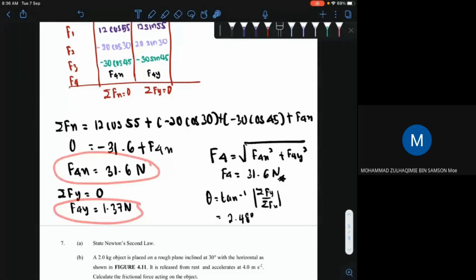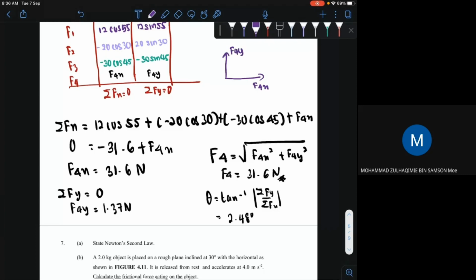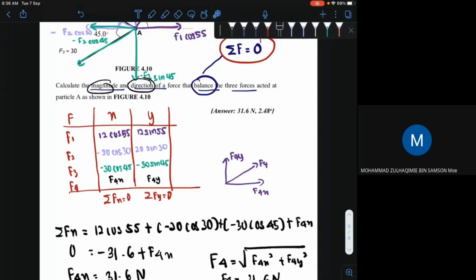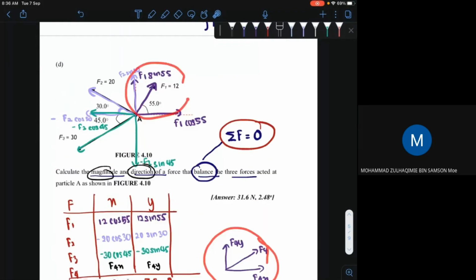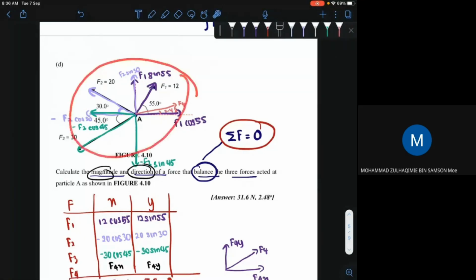Look for the sign here. If you look, both are positive. If F4X is positive, it goes to the right. If F4Y is positive, it goes upward. So this is your F4. It means this new force is sitting in the first quadrant. So it will sit here. This is your F4, and its angle is 2.48. Only then do all these forces balance.